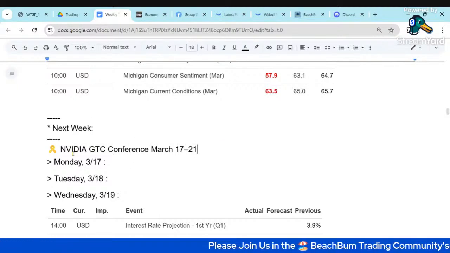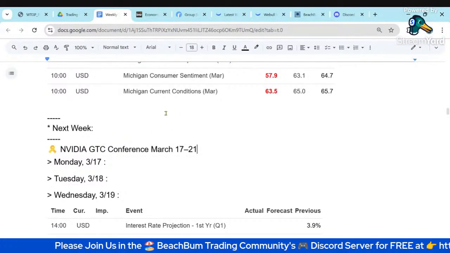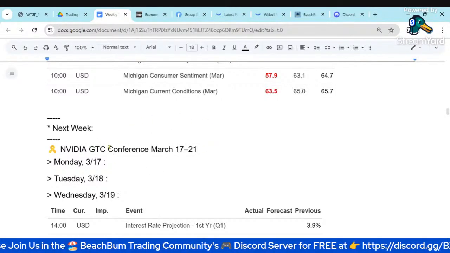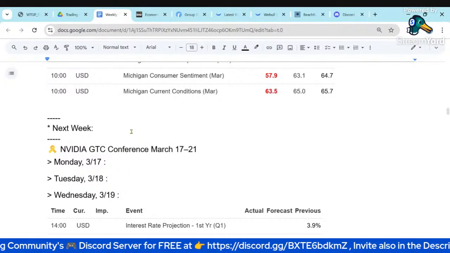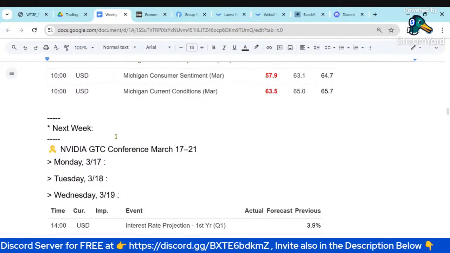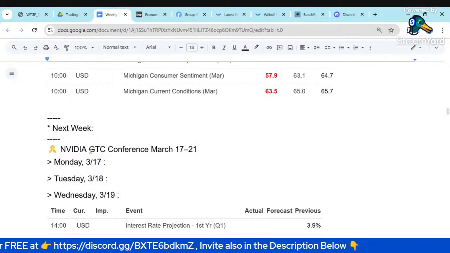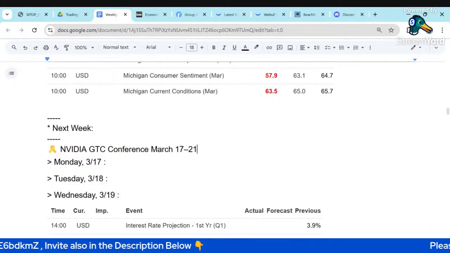So again, we'll probably see some pumps in the AI stocks, data centers, semiconductors, and any other stocks that they mention partnerships with, investment stakes in, etc. So watch those stocks all this week, particularly around Jensen Huang's keynote address.